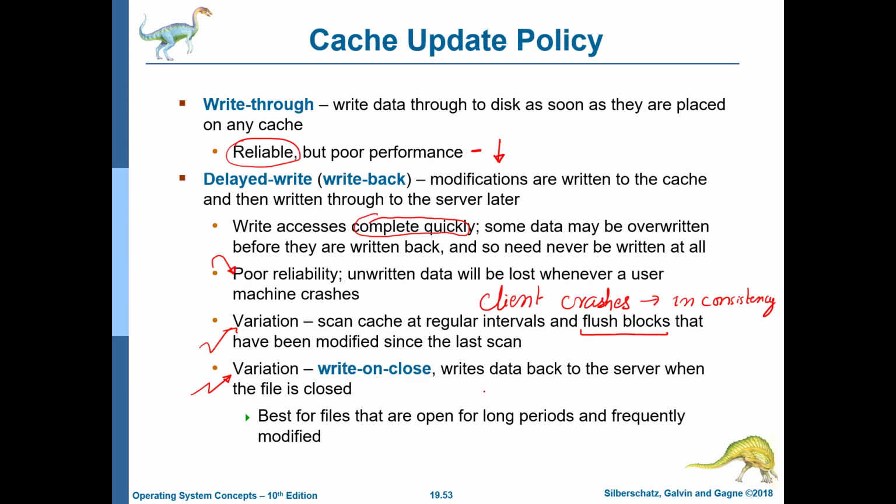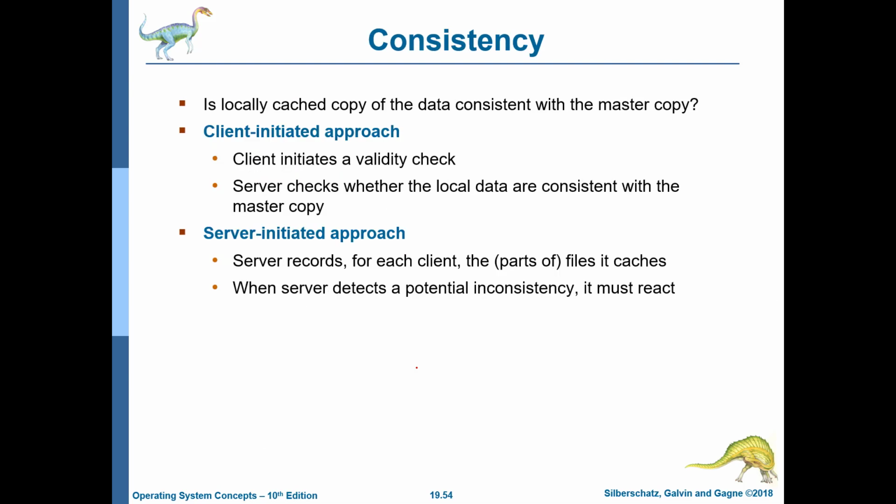But if something is shared a lot, this may not be the right idea. Particularly if there is a single writer and many readers and the readers want to get the updates as soon as possible, this is not really the best idea.